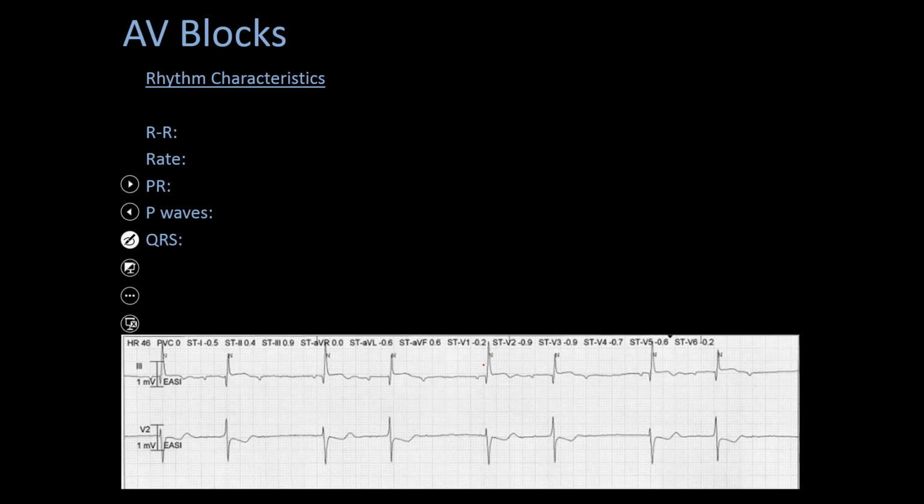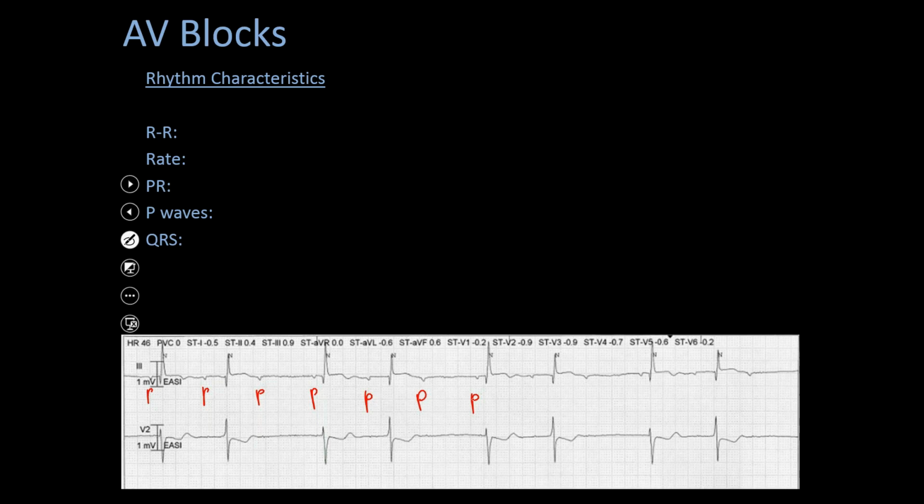Okay, here's another real strip. Let's see if we can identify our P waves. There's a P wave. There's a P wave. There's a P wave. Kind of hard to see. And there's a P wave, and there's a P wave.